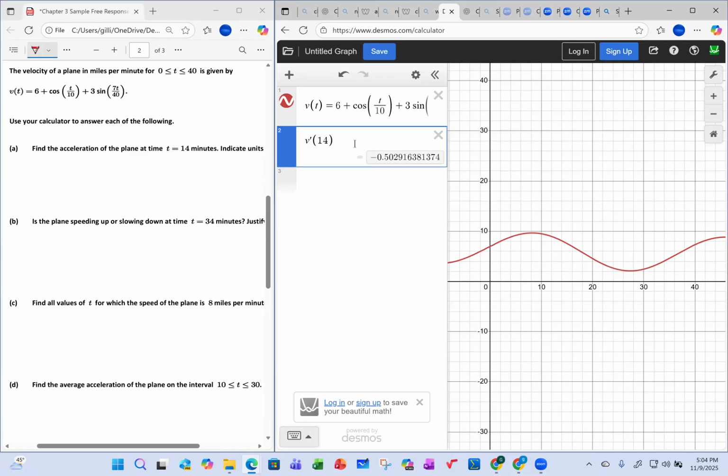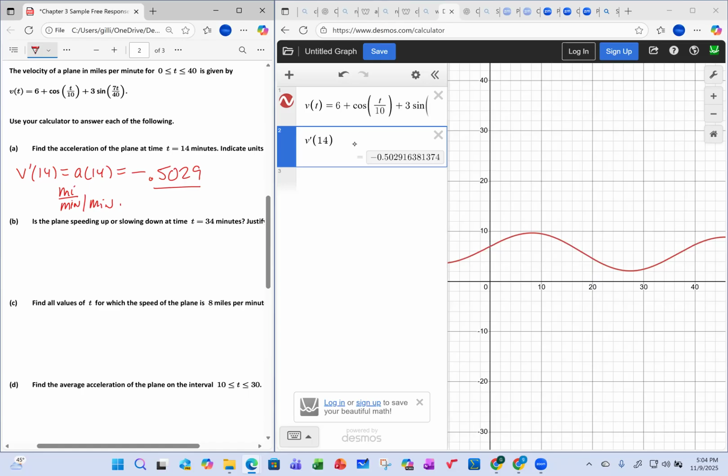And there it is. For this one here, though, you need to say that v prime at 14 equals a at 14, which is negative 0.5029. And the units of measure would be miles per minute per minute.